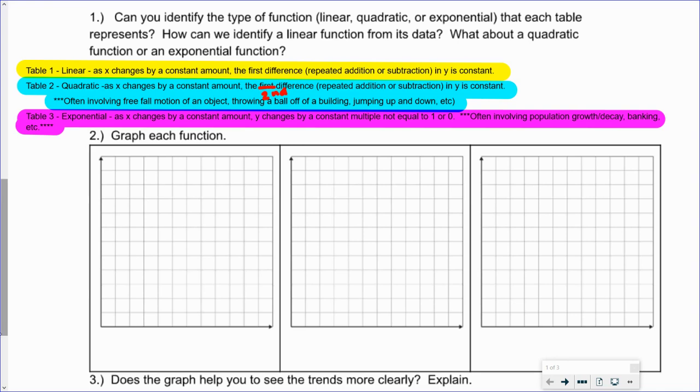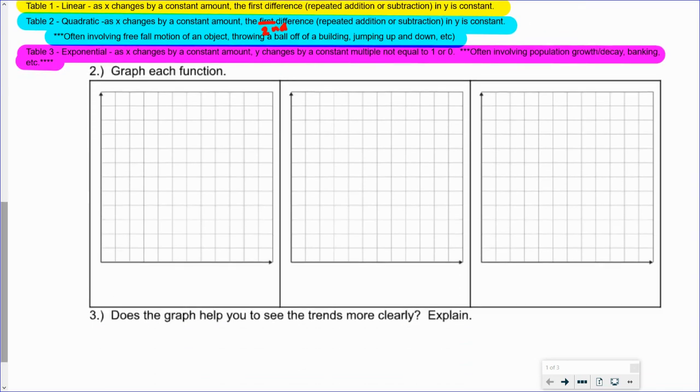For number 3, it says, does the graph help you see the trends more clearly? I would say yes, as long as your window is adjusted properly. It tends to be a little bit easier to see, okay, that's a linear model, that's a quadratic model, that's an exponential model by looking at the graph.